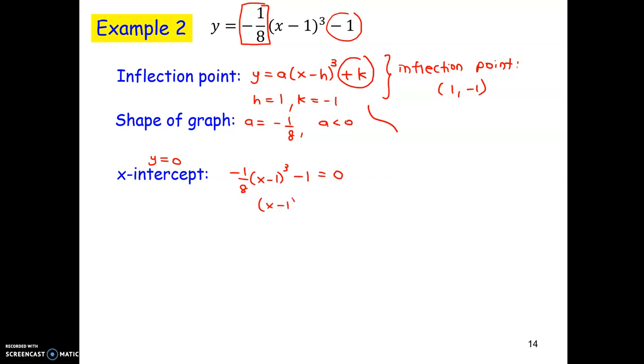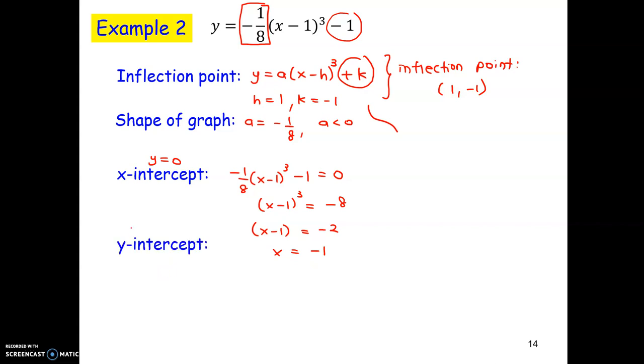So (x minus 1) cubed is equal to positive 1 times -8. So this is -8. So x minus 1 is equal to -2. Take cube root on both sides. So that is how I get -2. And x is equal to -2 plus 1, which is -1.